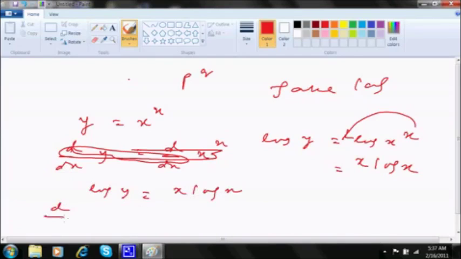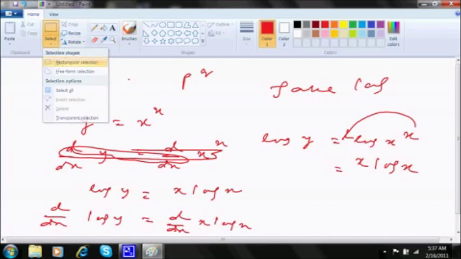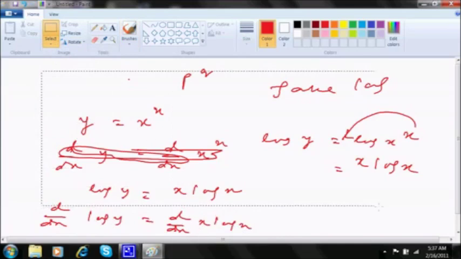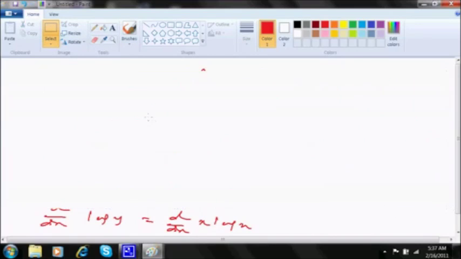Take differentiation dy/dx on both sides. So dy/dx of log y is 1 by y into dy/dx of y.